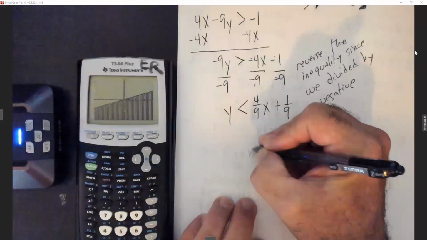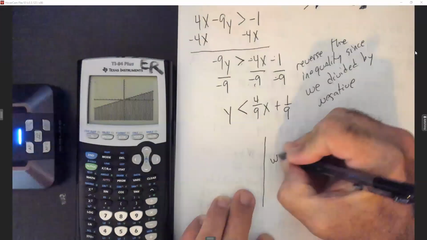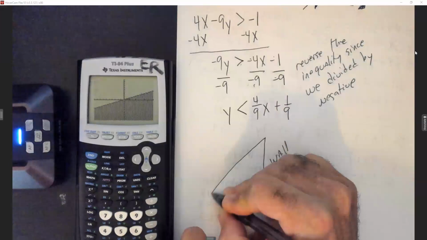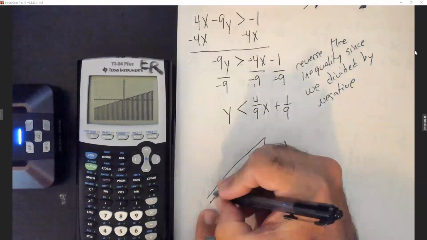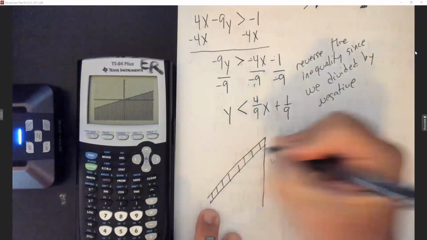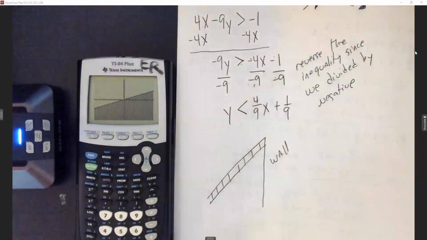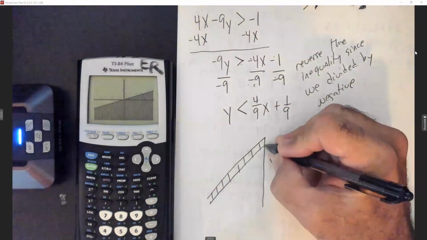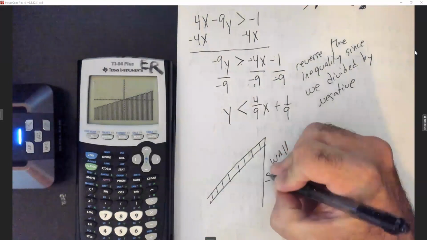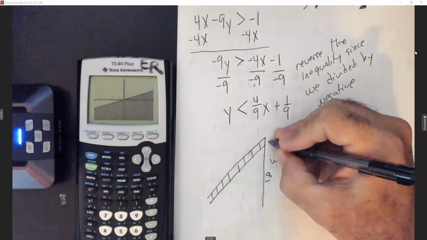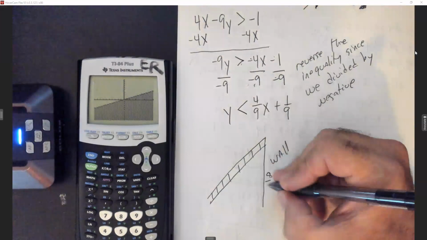So I've got me a wall here, and my ladder's leaning up against it. It told me the ladder touched the wall at a height of 18 feet. So I know this side over here is 18 feet going up that wall, okay?